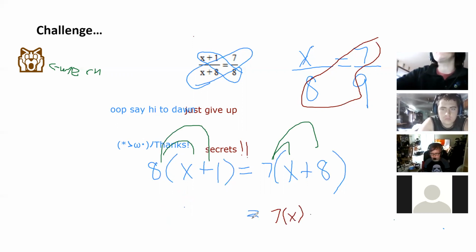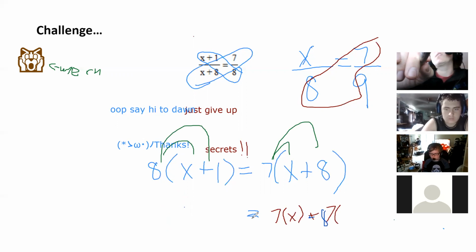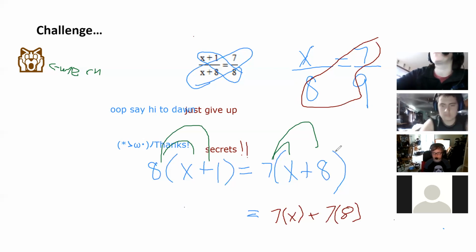Yep, you get 7 times x. Good. And it looked like the person here was going to just put 8, maybe they're going to put 8 times 7. That's totally possible. But just don't forget to distribute to both sides.